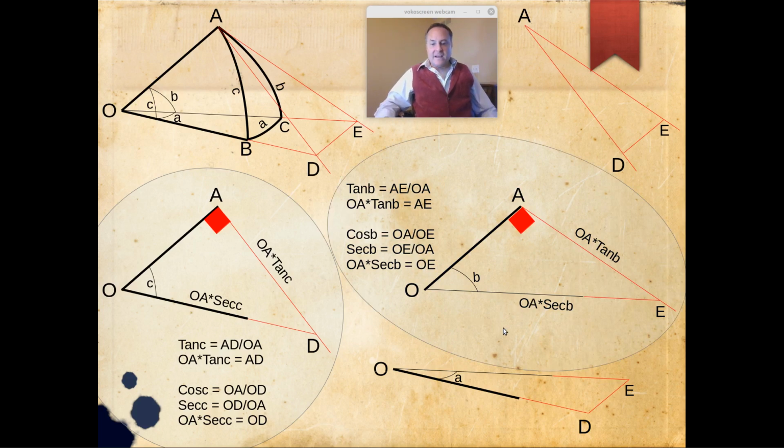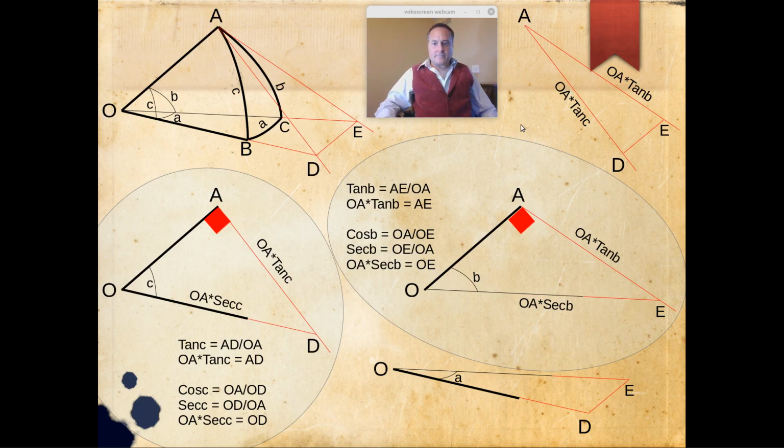Okay. There we go. Now we recognize that these lines here, AD and AE, from this drawing over here, are also the sides of a different triangle, this one here. And so I can label those there. I just carry OA tangent B here, and OA tangent C is here.